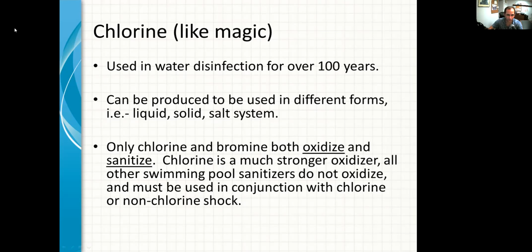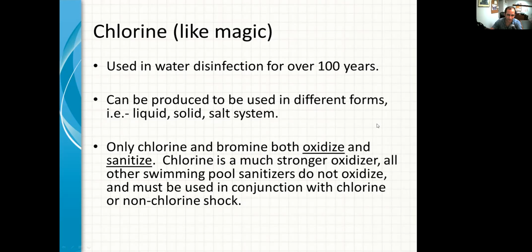And another way chlorine is very useful is that chlorine, and bromine as well, contains chlorine ions. Bromine does, but only chlorine acts as both an oxidizer and a sanitizer. So chlorine is a stronger oxidizer than bromine, but bromine does have some oxidation. Any other swimming pool sanitizers, like copper ionizers, like any other kind of sanitizer, does not oxidize.